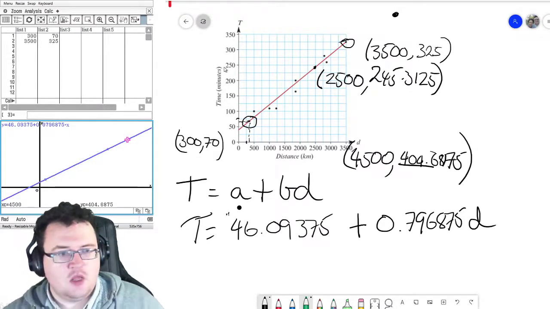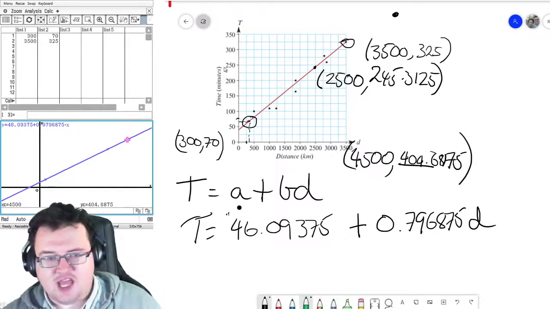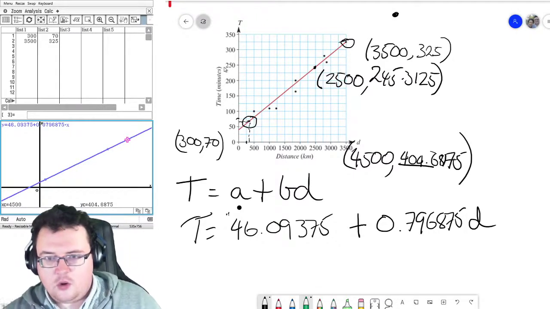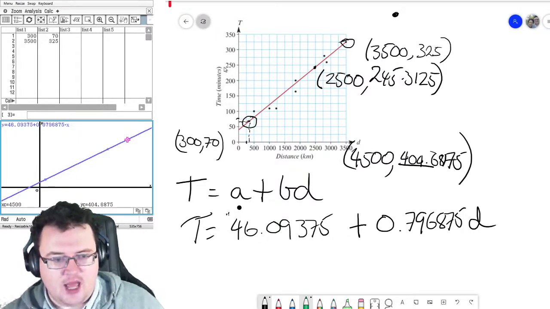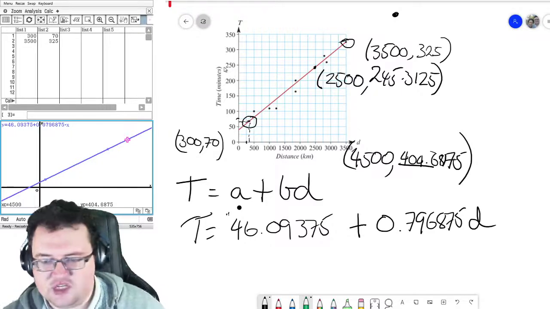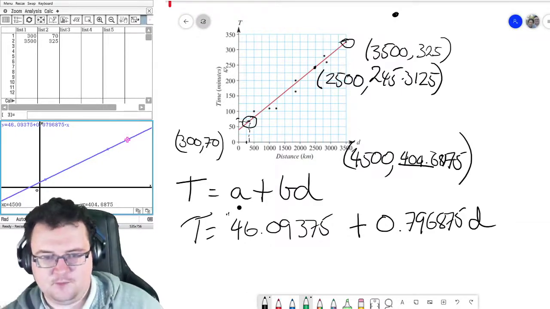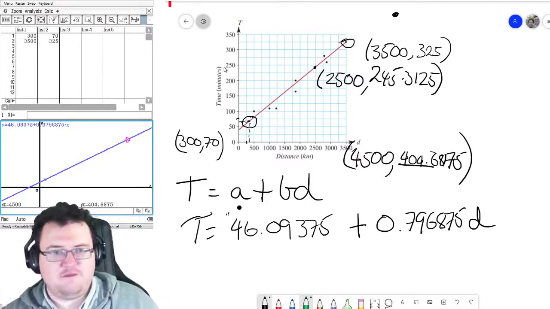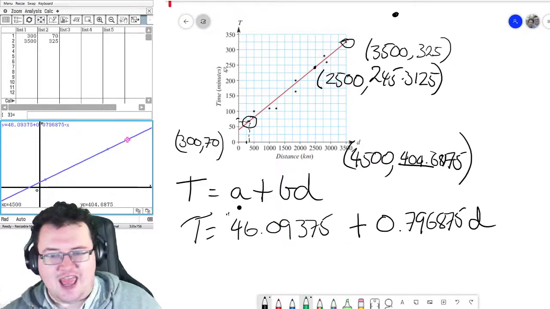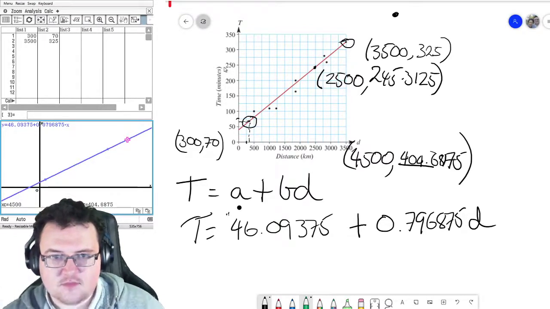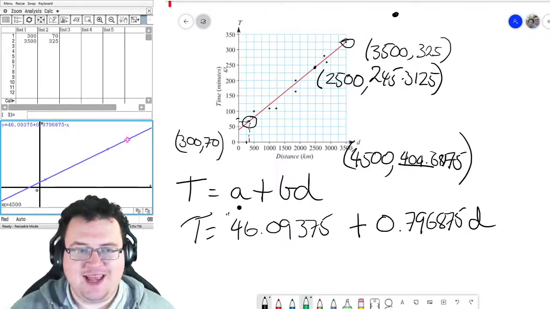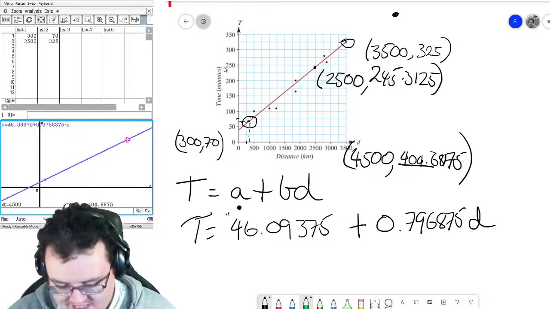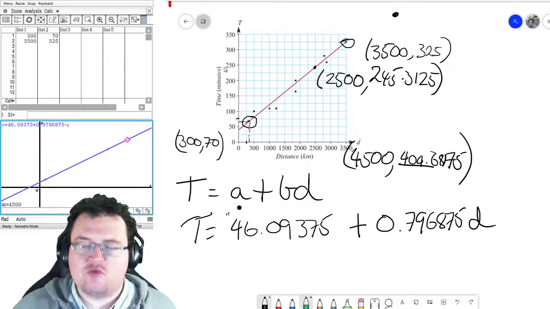All right, so think about the numbers that we had to work with on our data. We joined up a point at 300 and a point at 3,500. 2,500 fits between those two points and therefore is inside the range of our source data, which means it's an interpolation, which means that we can reasonably trust it.